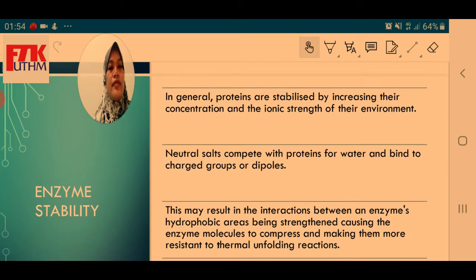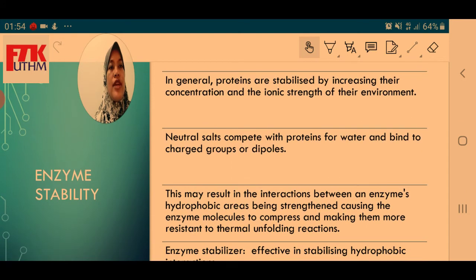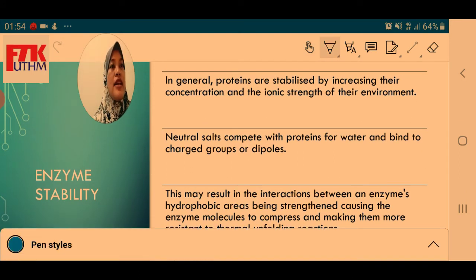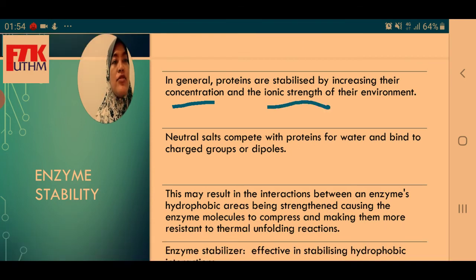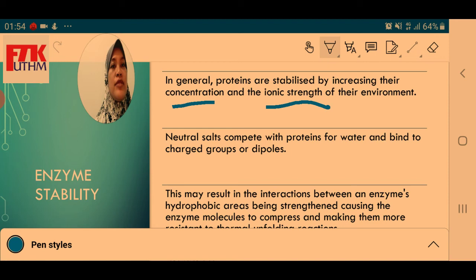Okay, so in general, proteins are stabilized by increasing their concentration. Highly concentrated enzymes are more stable than highly dilute protein or enzyme. So if you concentrate your enzyme prep, that will be good, as well as the ionic strength of their environment.